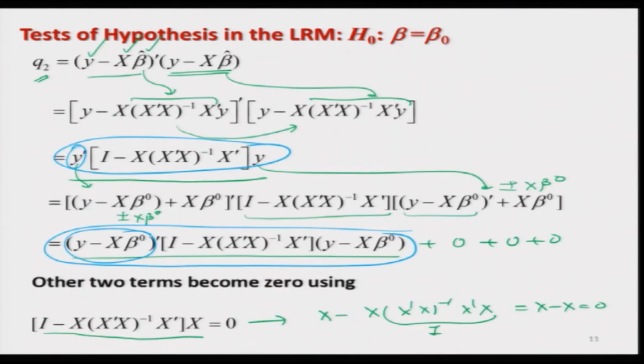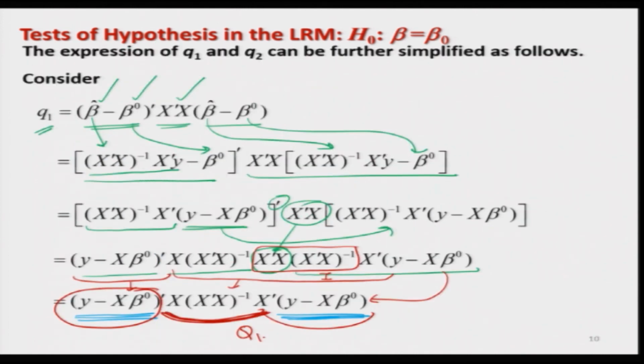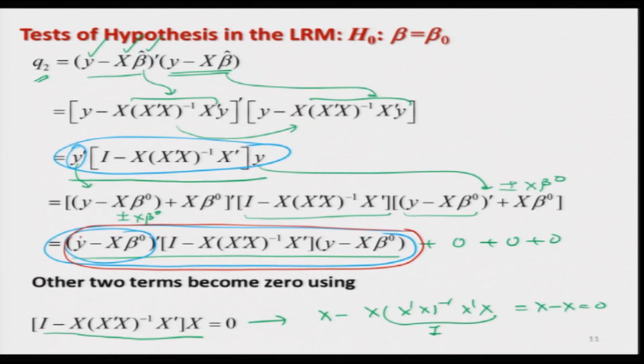Similarly, for Q2, this is the same form that you have expressed as capital Q2. The only difference is that in the earlier forms we used small y, which are the values.